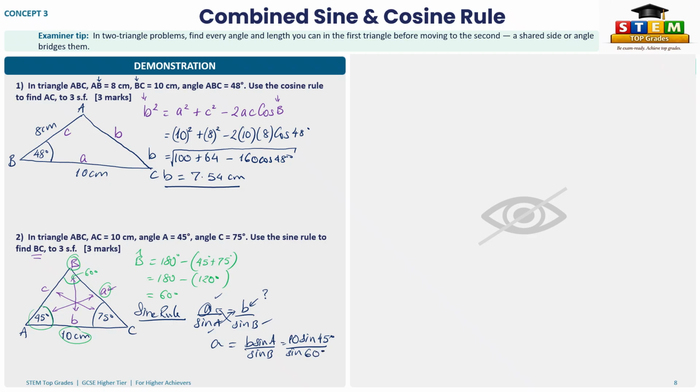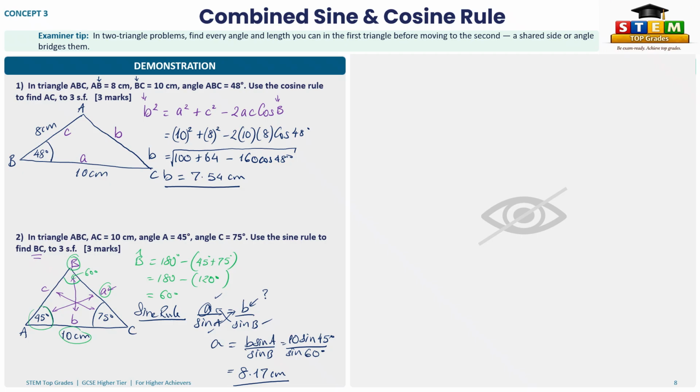And when you work this out, you should get 8.17 centimeters. So that's for a. I hope you have picked up the idea here. For question number 1 we applied the cosine rule, and in question 2 we applied the sine rule, so no problem understanding that, I hope.